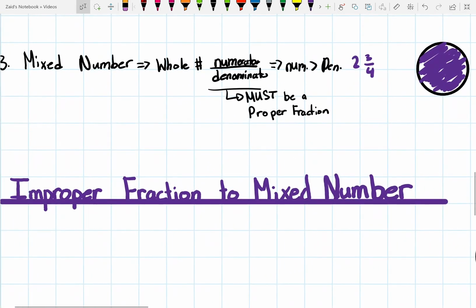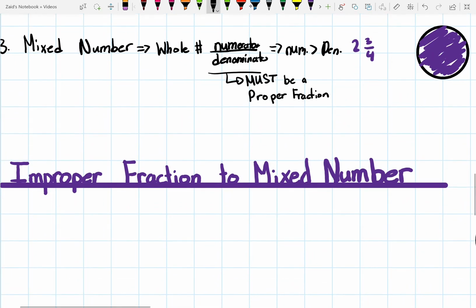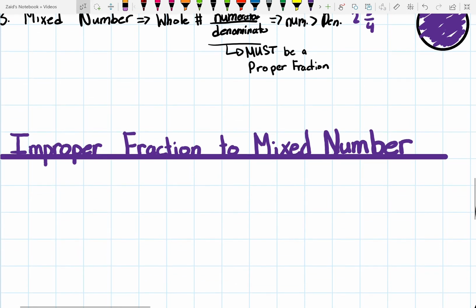Now we could do improper to mixed number. How do we do that? Well, let's first have an example just to show you. So we have, let's say, 3/2. How can we solve for that? What we would do is divide 3 by 2, and what do we get?